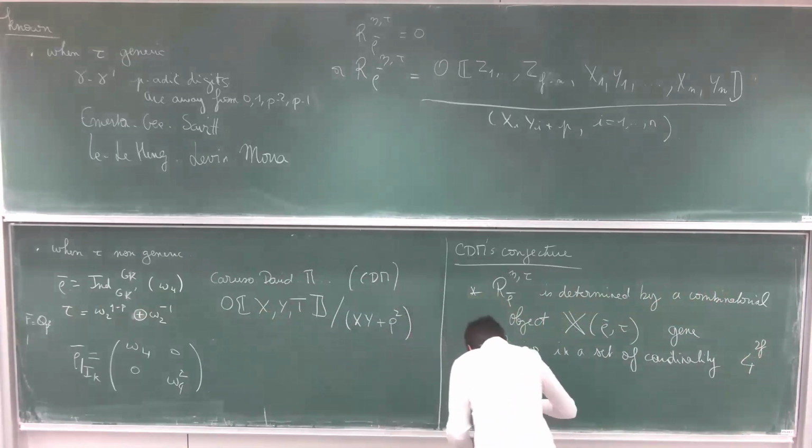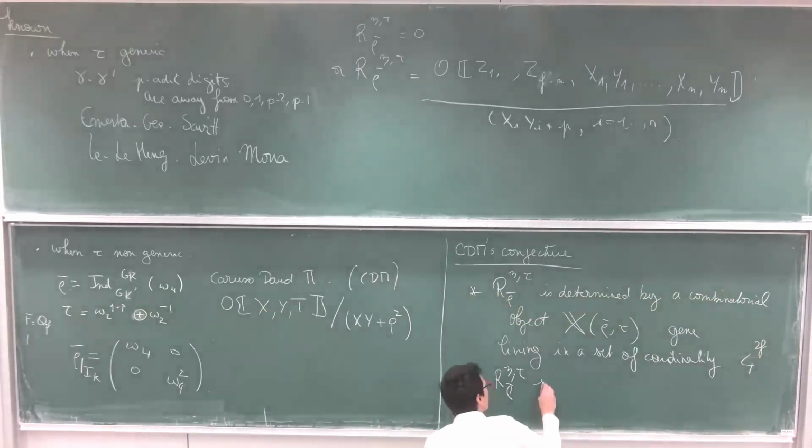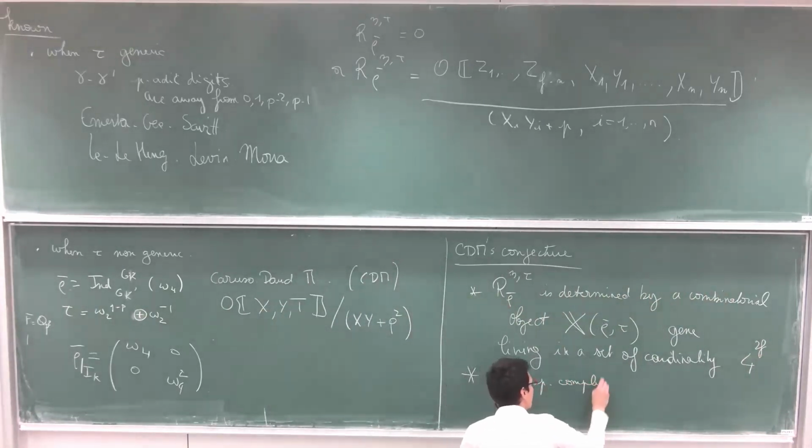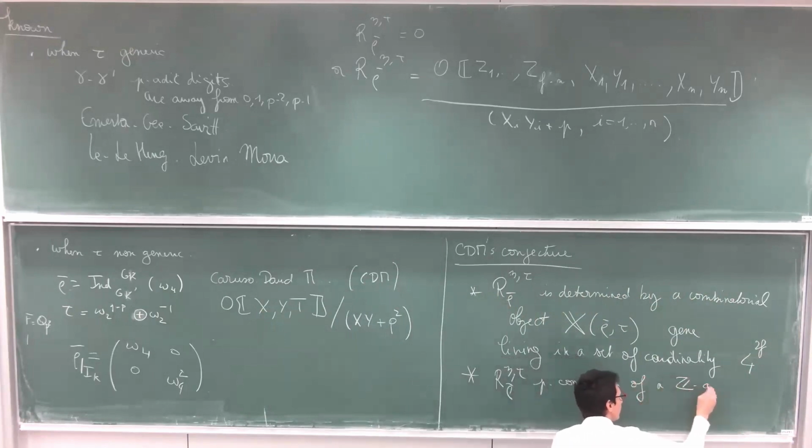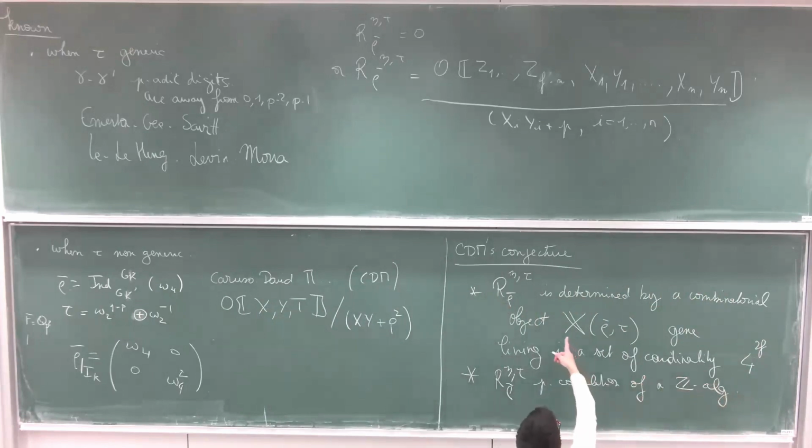The second one is that this ring should be the p-adic completion of a Z-algebra that we can explicitly construct from the gene.